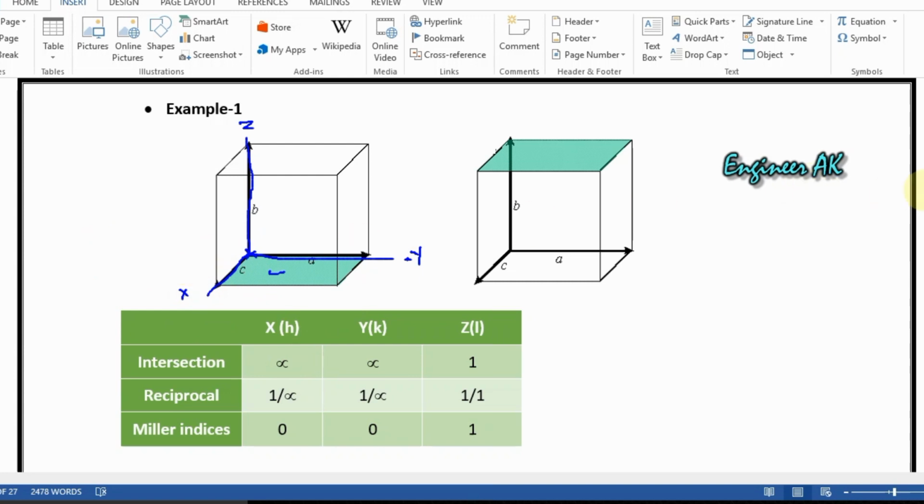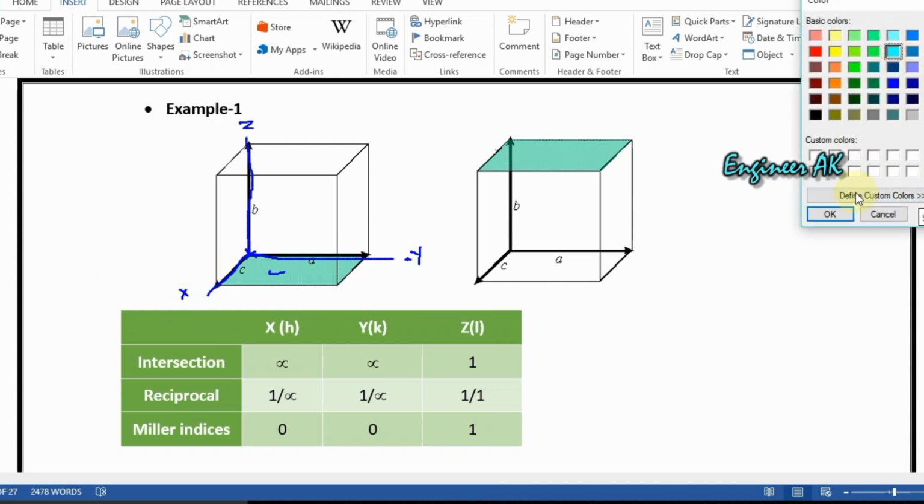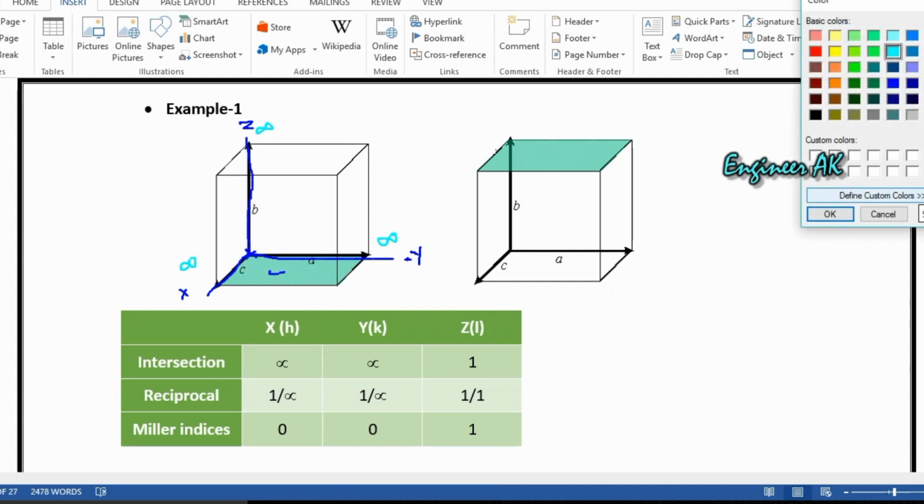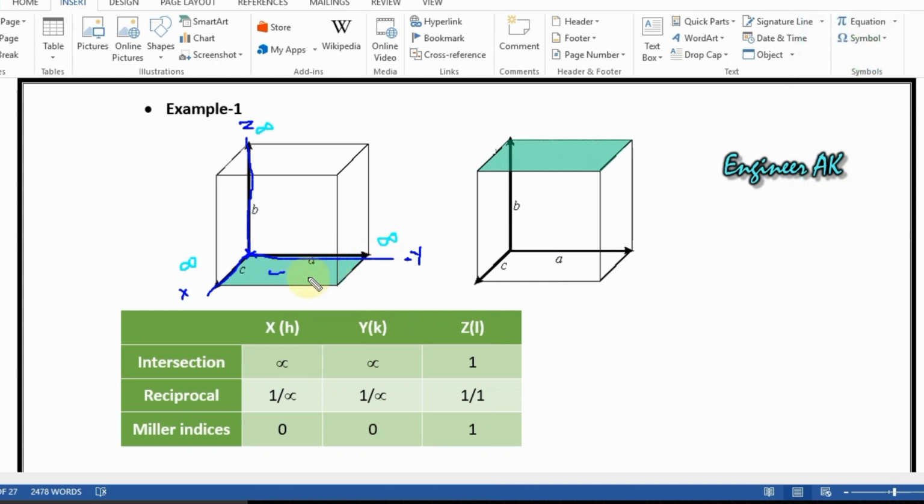Okay, wait, let me change this. It will give infinity, this will also give infinity, and this will also give infinity. If I then take the reciprocal, it will give 0, 0, 0. So in this case, if the plane is passing through the origin, then as we have studied before, all the planes parallel to this plane have the same Miller indices.